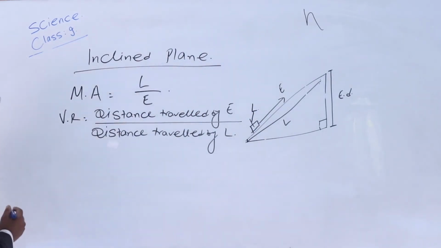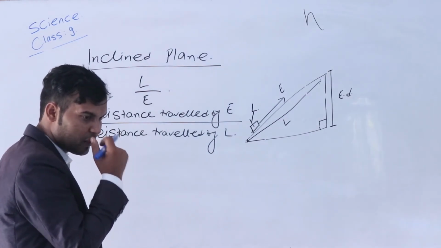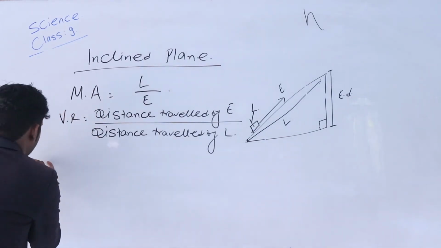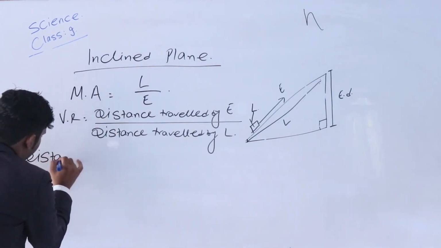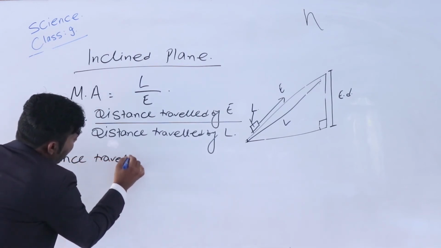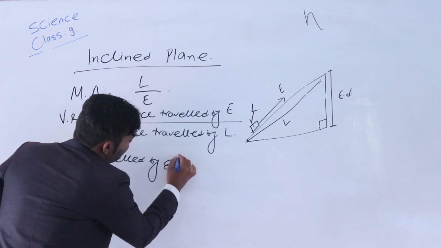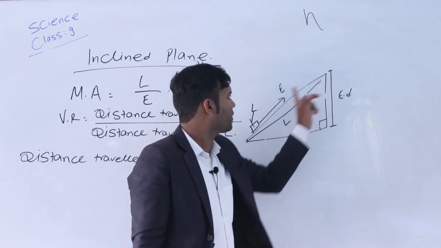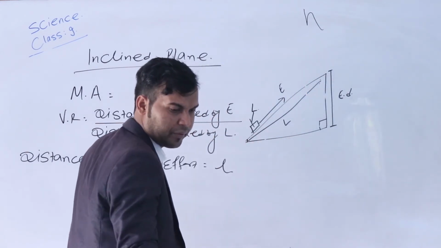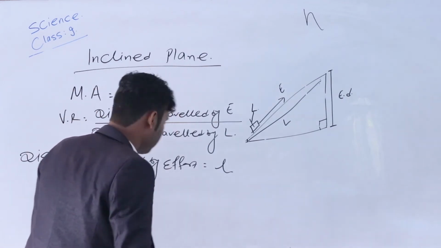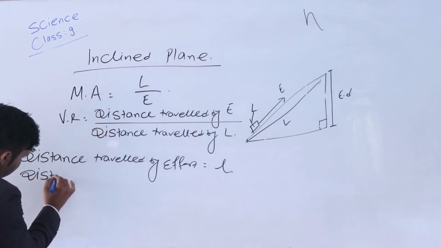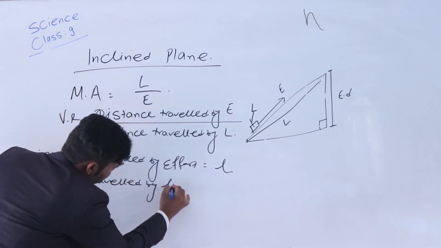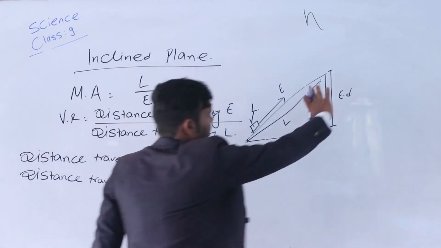Distance traveled by effort means L. Look here. L upon the distance traveled by load, which is equal to h, this height.